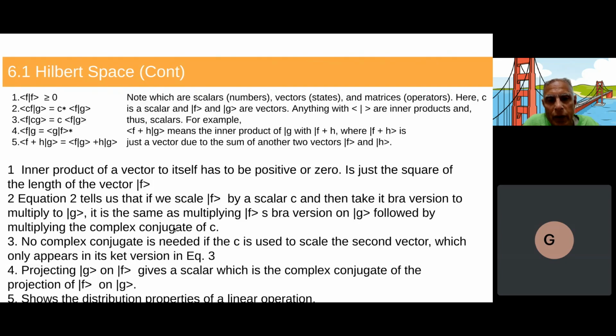So basically, what it means is you are taking a ket G and you have F's bra. Therefore, you have a complex conjugate.